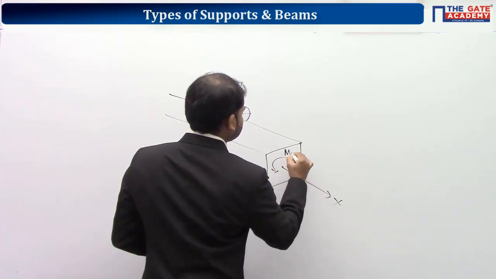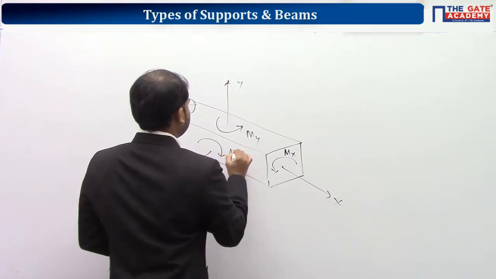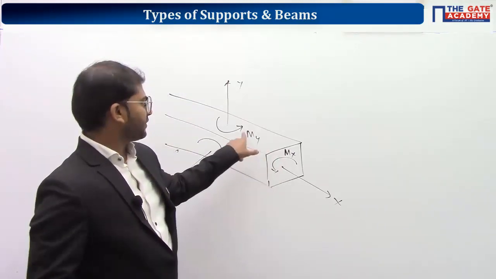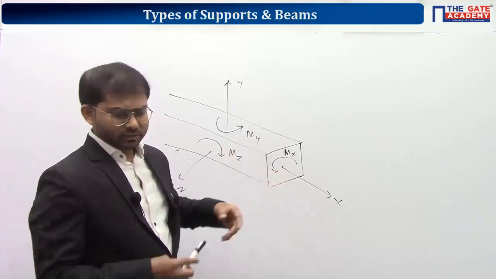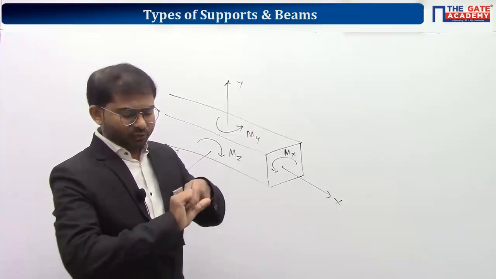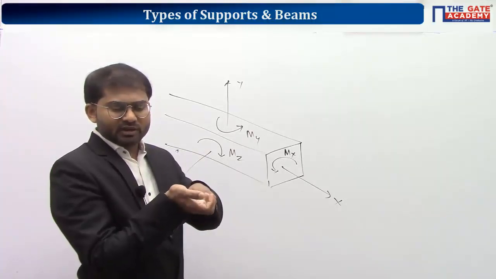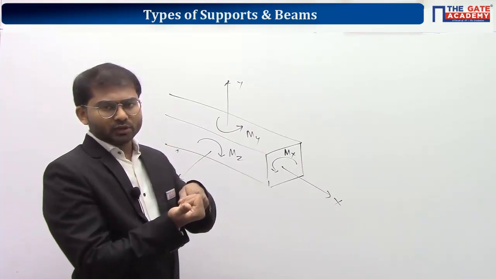This is M suffix x, this is M suffix y, and this is M suffix z. Now M suffix x means you've taken a member like this and you have applied a moment like this. So here the moment is about the longitudinal axis.